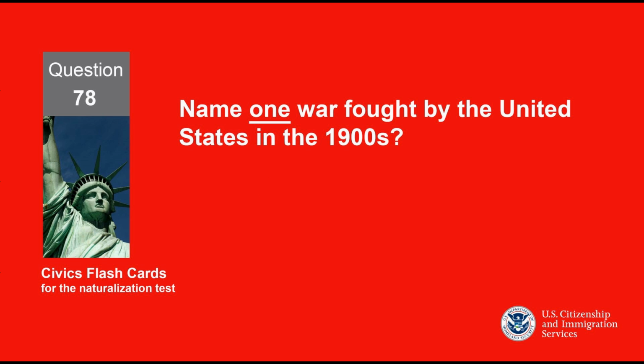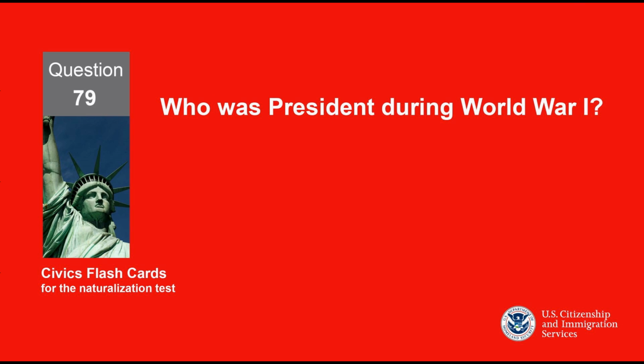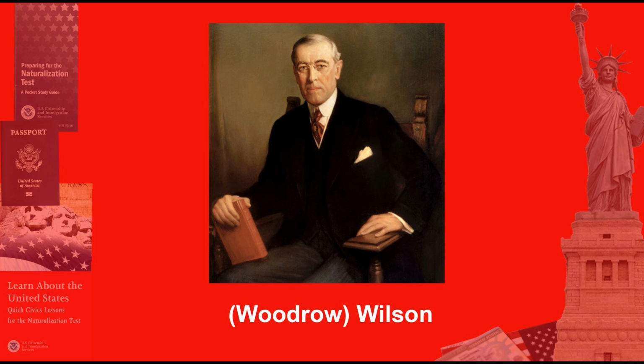Name one war fought by the United States in the 1900s. World War I. World War II. Korean War. Vietnam War. Persian Gulf War. Who was president during World War I? Woodrow Wilson.